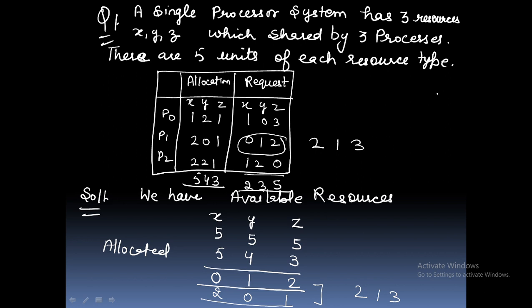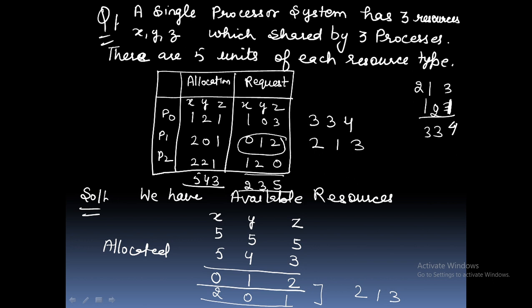Now you can add 213 and 103, that is, in 213 you can add 1 2, available is 121, that is 314, 334. You can give them 334.